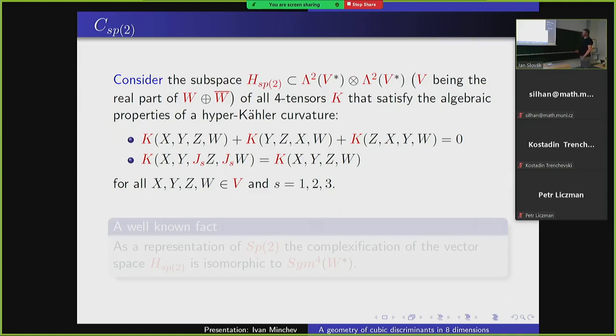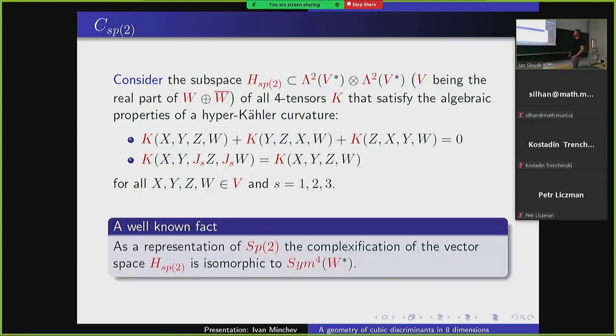So we mean all tensors K, which are skew symmetric in the first two and last two arguments, satisfy the Bianchi identity. So this is an algebraic equation, and then they take values in sp2. This is the second condition. So it's again a representation of Sp2. I shall denote this representation by H. Sp2 is important for the talk.